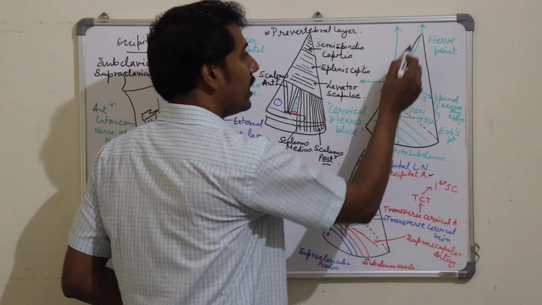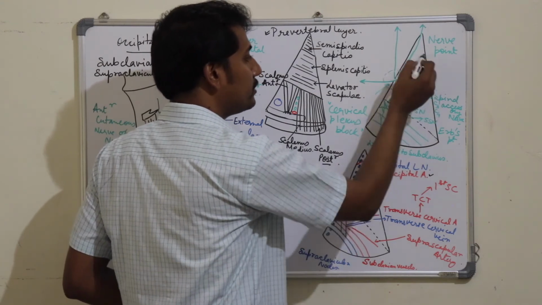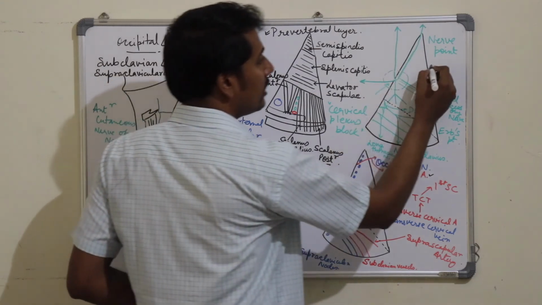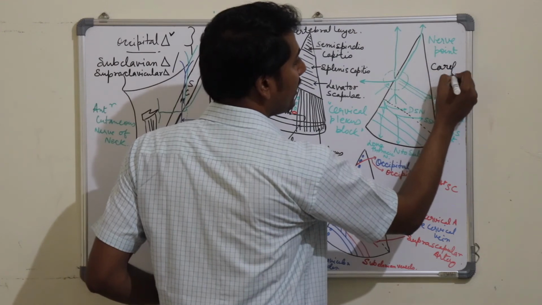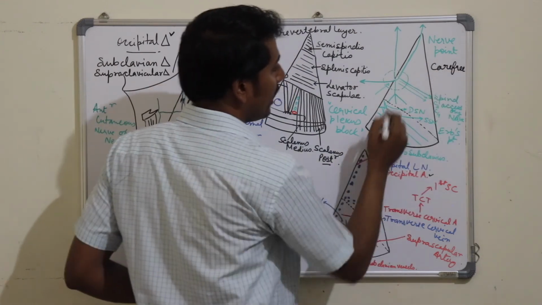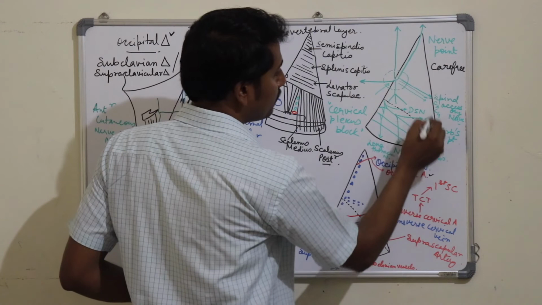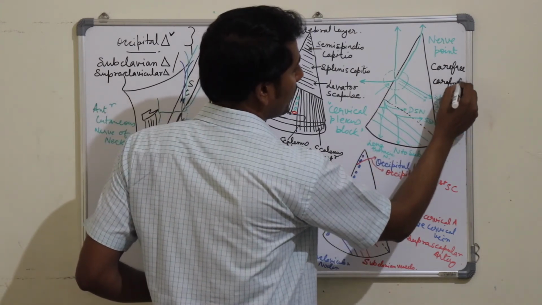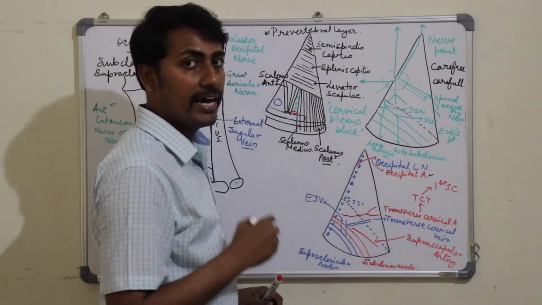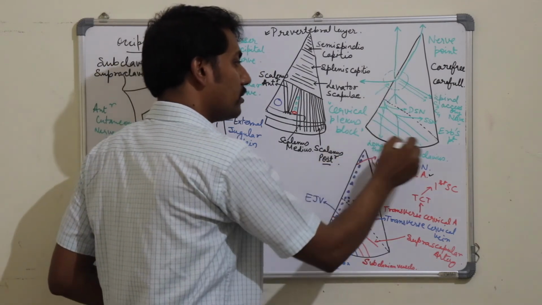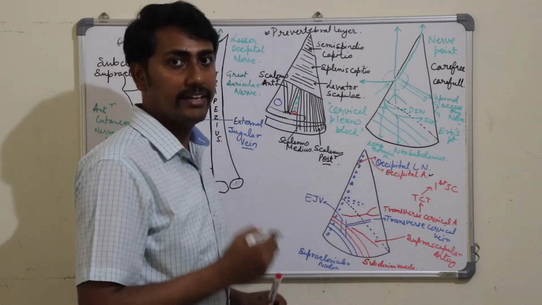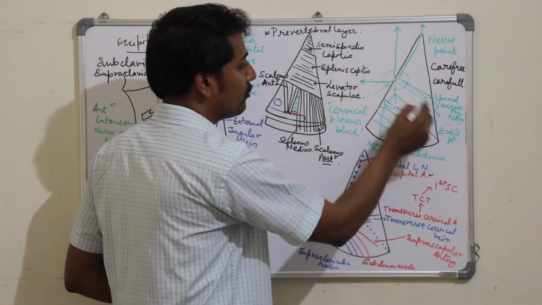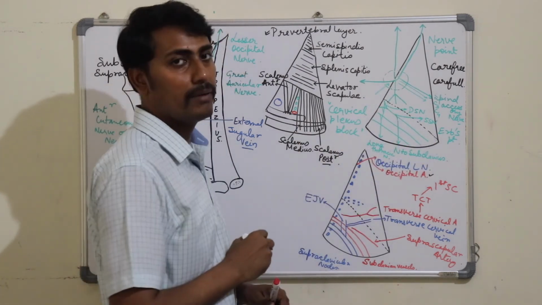So this upper part, above the spinal nerve, is known as the care-free area, and the part below the spinal nerve is known as the careful area. So any surgery in this lower careful area is very dangerous, and we have to be very careful in dissecting this lower part.